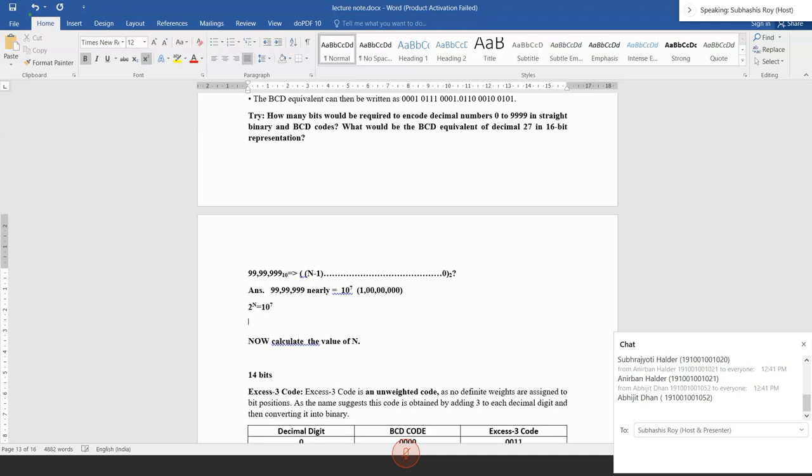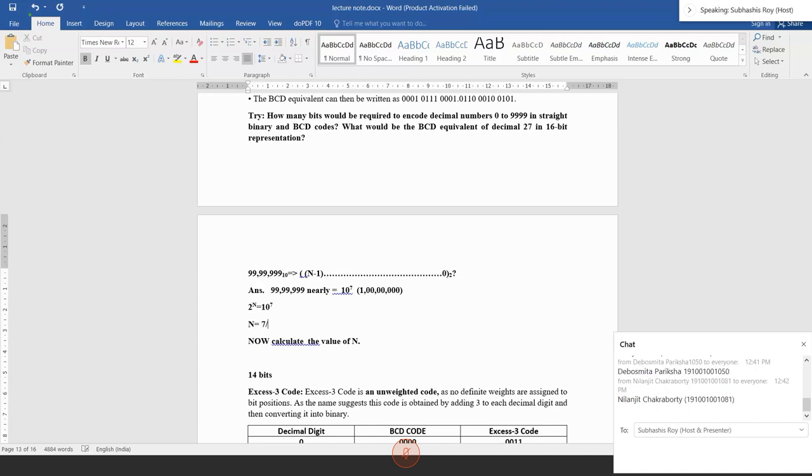So take a log and you can get the result. If you take a log, n will be log 7 divided by log 2, right?